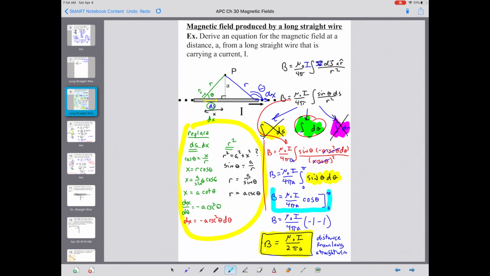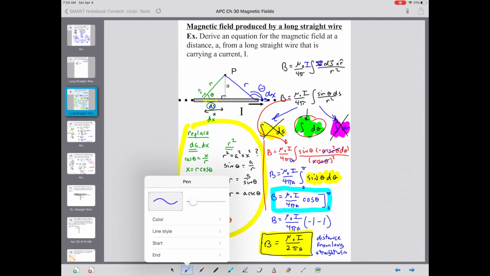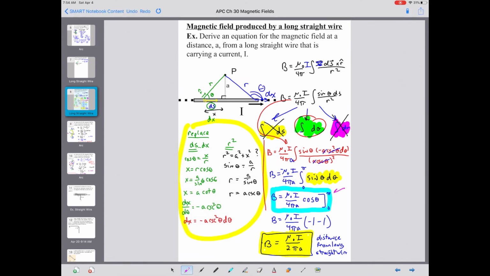If we go back to this step right here, if you think about it, if your wire had endpoints to it, all of the substitutions, all of the math up to that point would essentially stay the same. The only thing that would change would be these endpoints of integration.